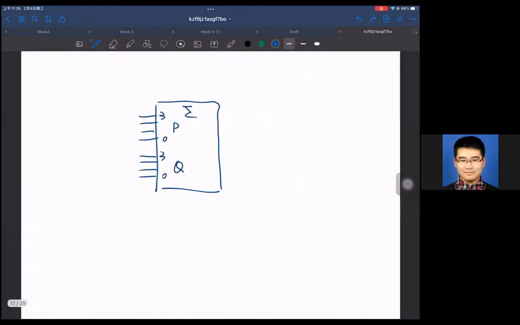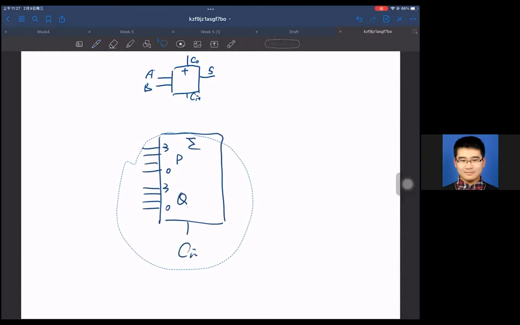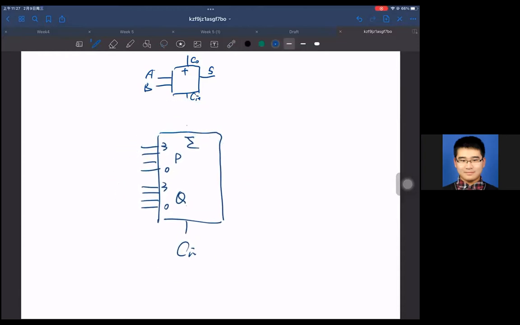How about we just use another 1-bit adder over here? A, B, S, and C out, C in. Of course, we also have a C in. You see, one good thing about adders is, however complicated they are, they always have only one C in and one C out. And the summation is also 3 to 0, or 4 bits.